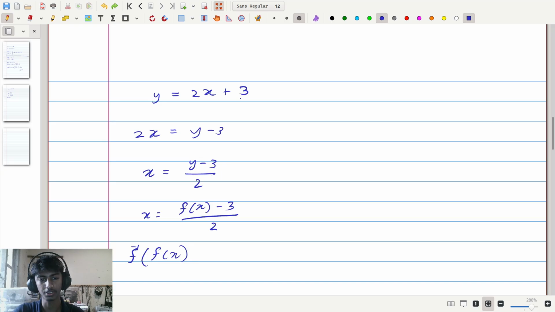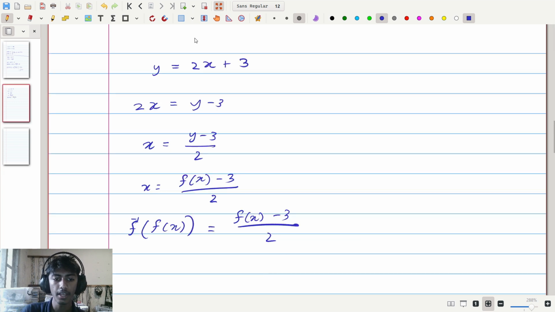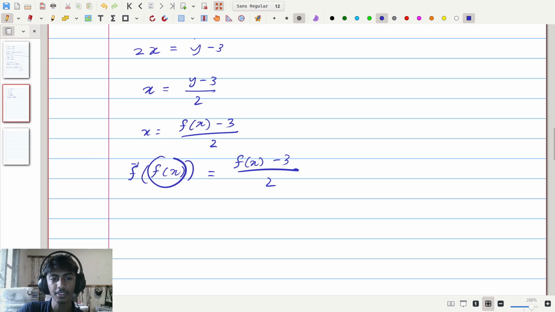It's a little kind of cheating, but it is (f(x) minus 3) divided by 2, and therefore this and this are the same thing, which means it doesn't really matter what I represent by them. So I can just say f inverse, I'll replace the f(x) with simply x, saying that that's my input, and (x minus 3) divided by 2.